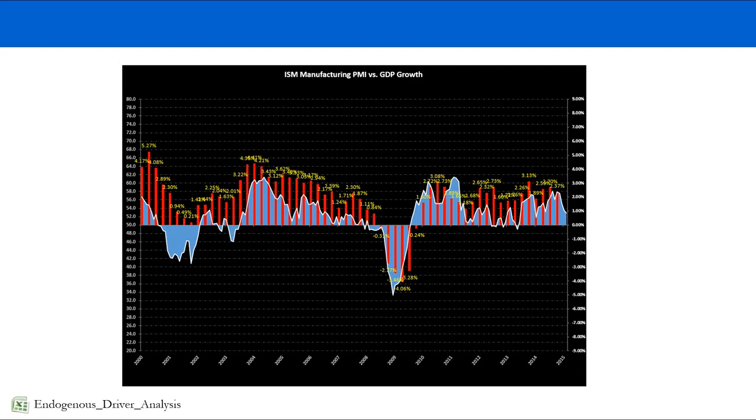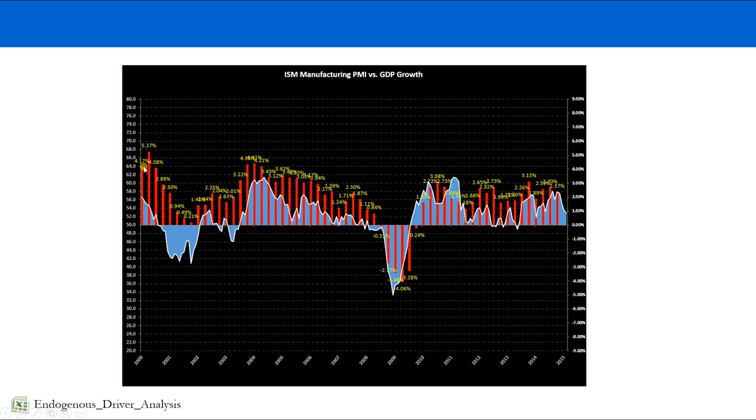And you can see the ISM data with the white line, and the area under and above the white line is filled in to give you a sense of the magnitude of these moves.